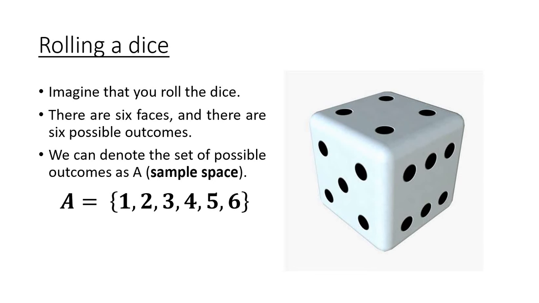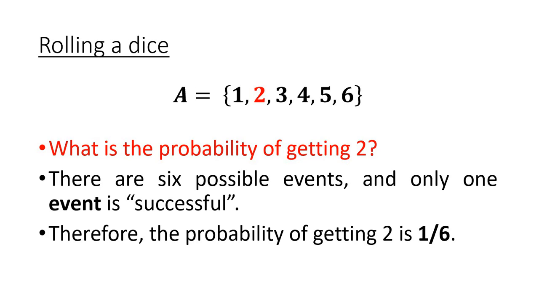Here we are. So imagine that you want to calculate the probability of getting a face with 2 dots on the face after rolling a fair dice. So there are 6 possible events. As we mentioned before, you can get 1, 2, 3, 4, 5 or 6, and only one of them is denoted as successful. In our case, this successful event is getting a face with 2 dots on it.